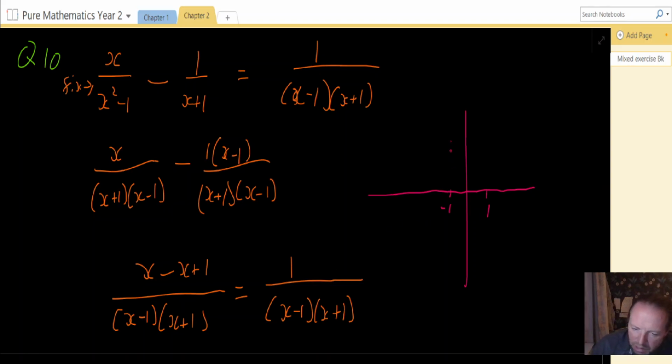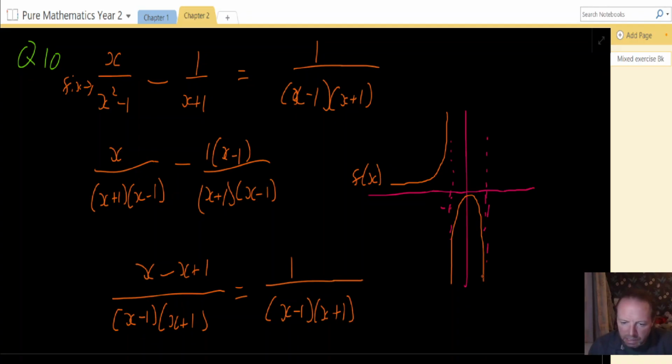So we end up with asymptotes here. So this graph of f of x looks something like this: it comes up and scoots up there, and then does a sort of thing like that as it comes through, and then this one comes down here like this.